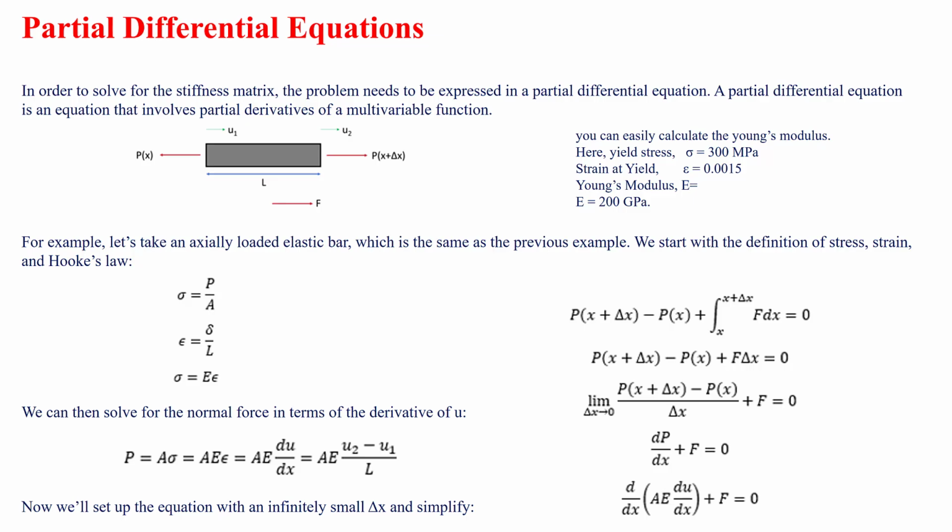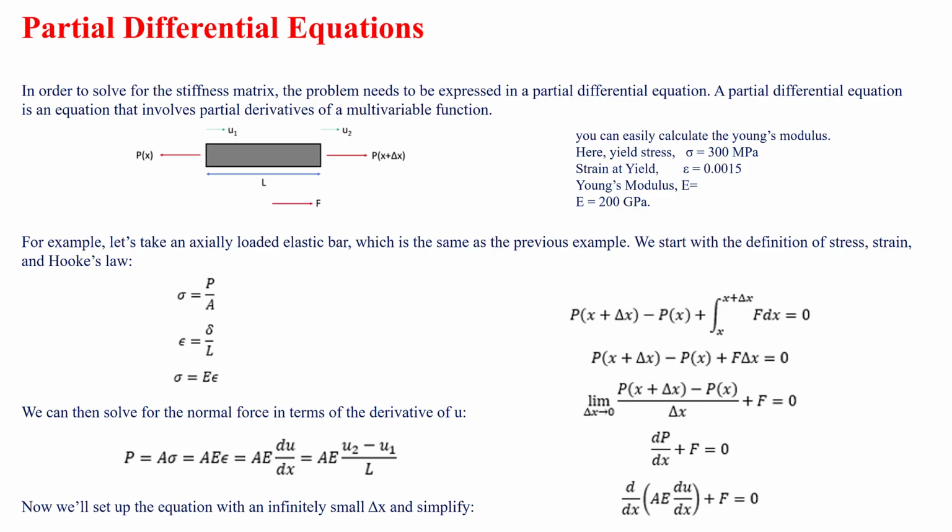Now what exactly is this Young's modulus? It is a very important term, and I have given an example for you. If you take steel, the material properties are, for example, yield stress equal to 300 megapascal, and the strain value is given. Young's modulus is stress by strain, so it is 15 into 2 is 30.